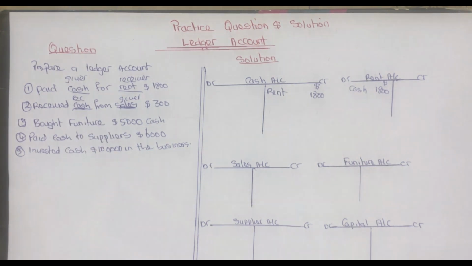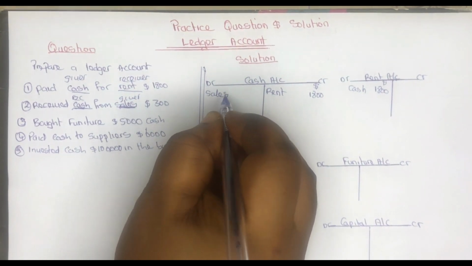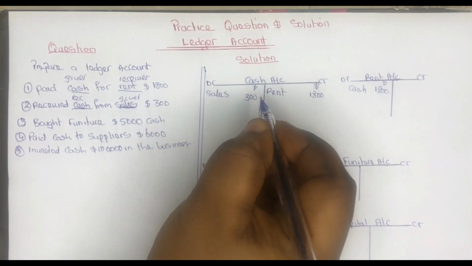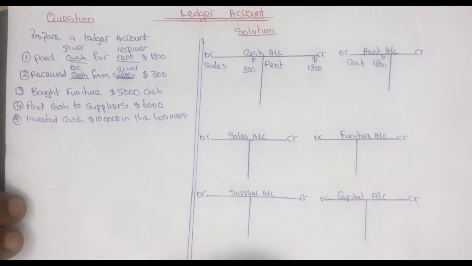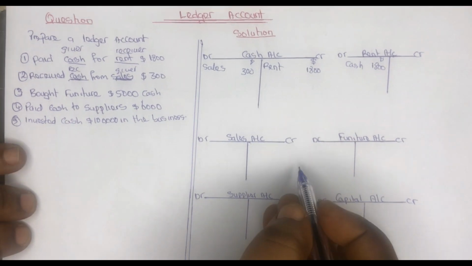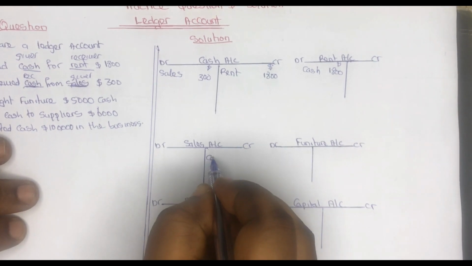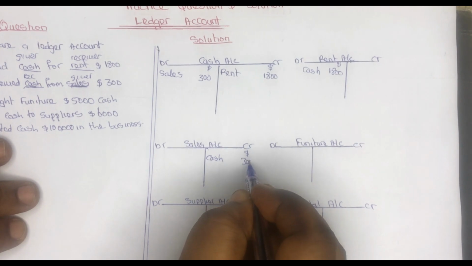From sales. So in the cash account, you write sales of $300. And then in the sales account, sales is the giver, cash, $300.